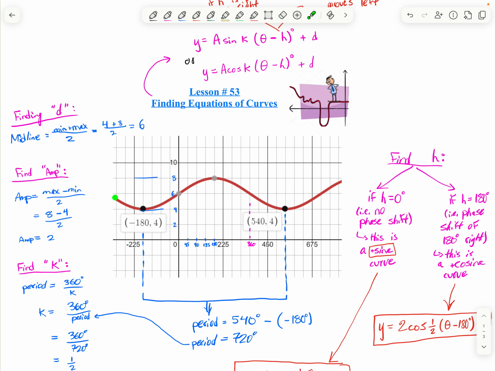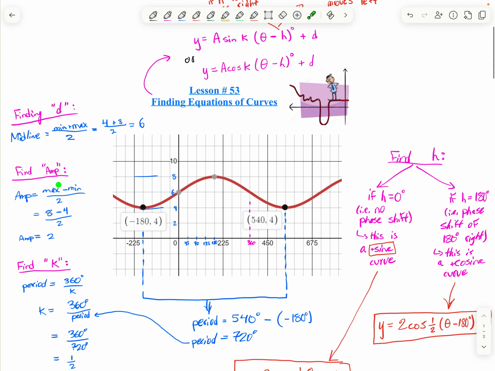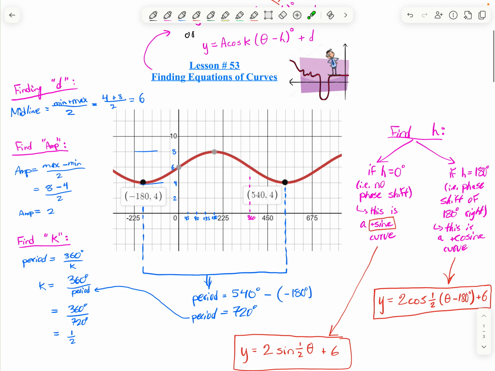So for this graph, if this is my midline, the amplitude tells me how much above and below it goes. And the way that we calculate our amplitude precisely is using this equation right here: maximum minus minimum, divided by 2. That's how you find the amplitude.